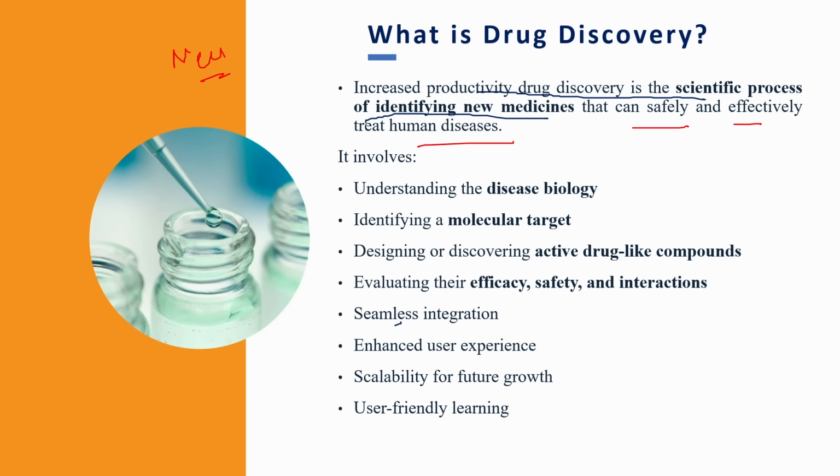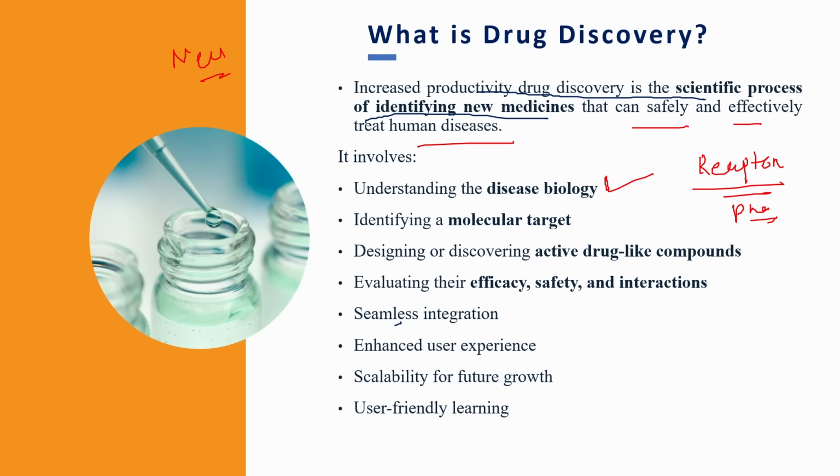It involves disease biology. Before going for drug discovery, we have to find the receptor and study the pharmacology, how it interacts, what marketed medicines are there, and which portion of that organism or receptor is responsible for the disease.